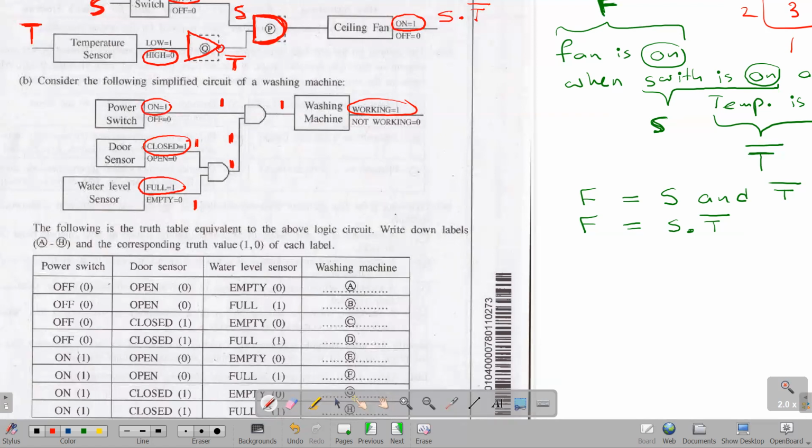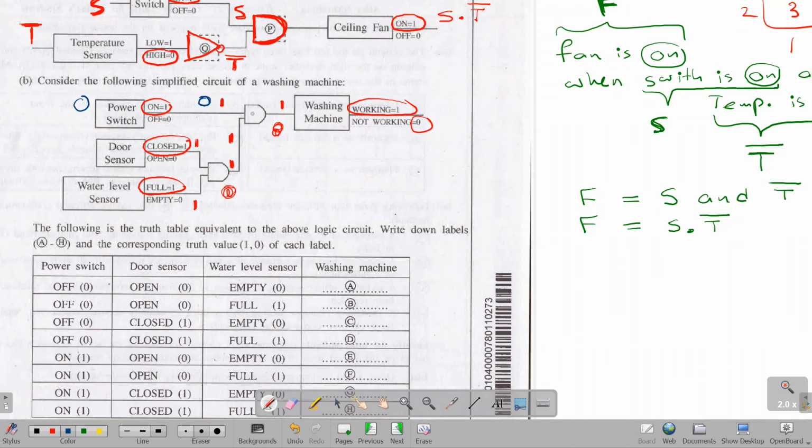If any of these things become 0, these places are going to provide you a 0. So 0 means not working. It doesn't matter which one is going to be a 0. Like if this produces a 0, that means it's going to become a 0 over here.